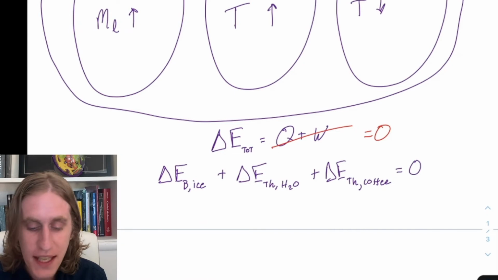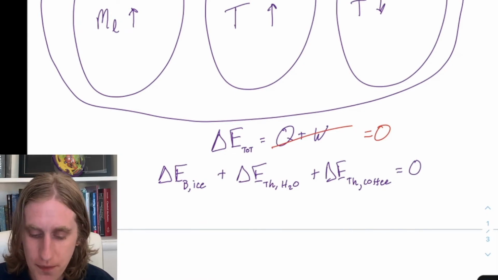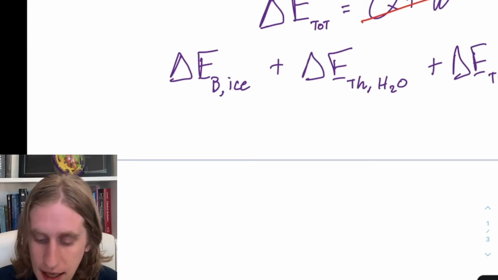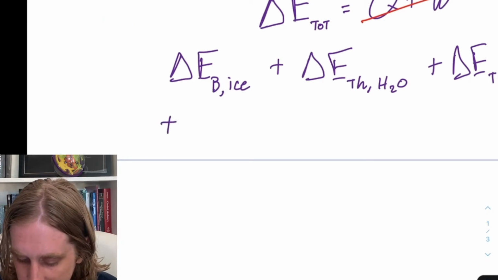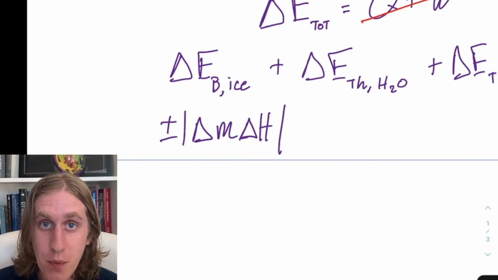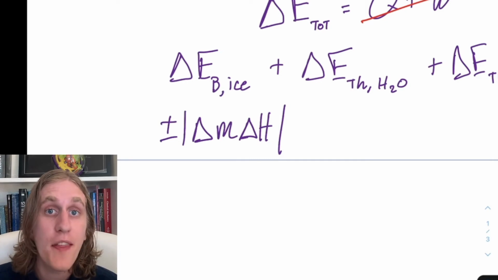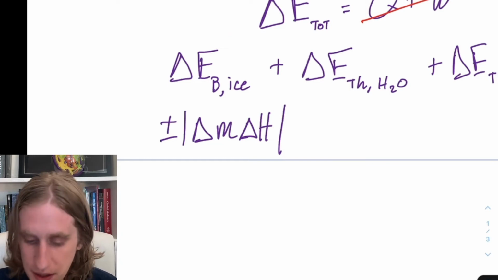Now that we have this, let's try to expand these pieces based on what we just learned. Let's start with the bond energy of the ice. It looks like this. Let's think right now about which sign we should use. The ice is melting, so as we know, the sign should be positive. When substances go from a solid to a liquid, their bond energy increases.